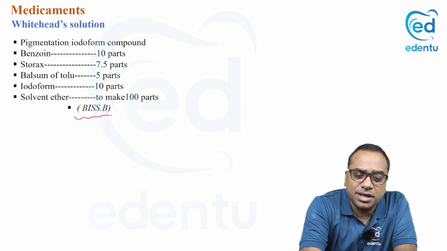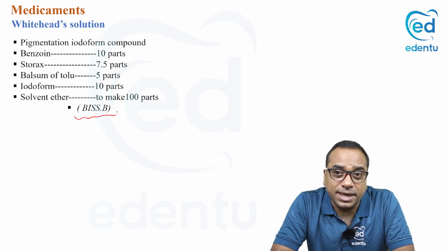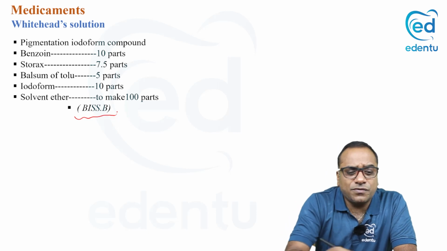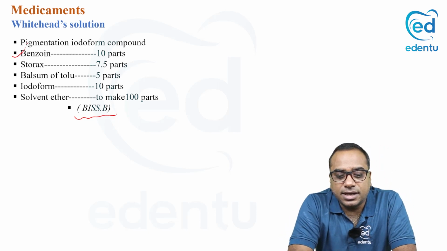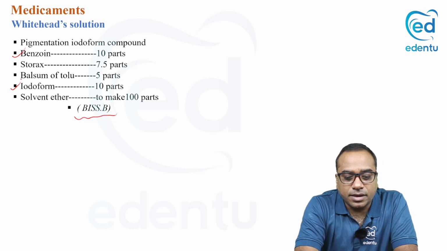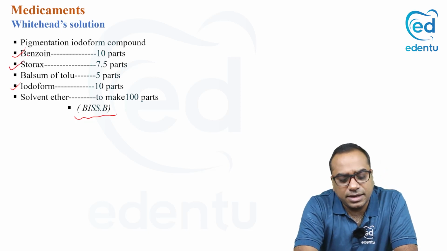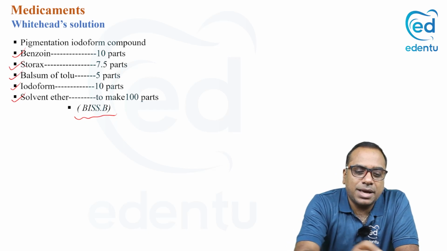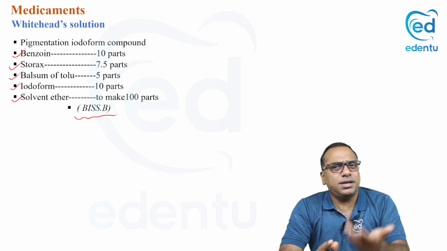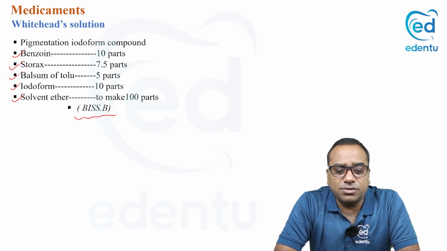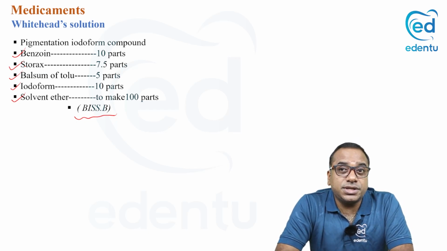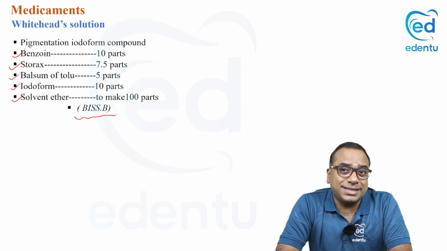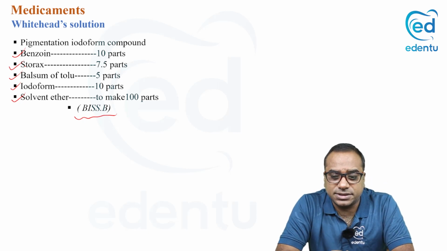You can remember it with the mnemonic BISSB. First B is benzoin, I is iodoform, S is storax, another S is solvent ether, and the other B is balsam of Tolu. So with the mnemonic BISSB, you can remember this; it will be helpful. So Whitehead solution is used for inflammatory conditions like dry socket, and post-operatively after maxillectomy.